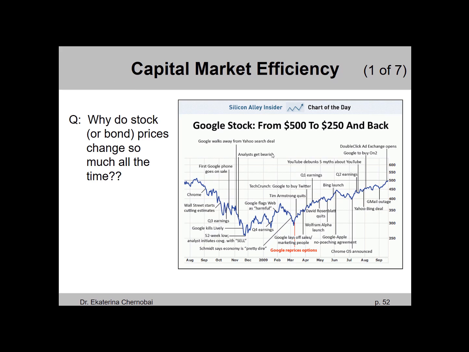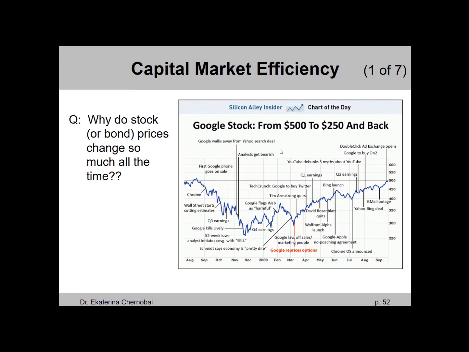On this figure, I have Google stock for year 2008 and 2009, about 12-month period. And it shows that the price is going up and down, up and down, up and down, right? Some big fluctuations and small ones along the way.